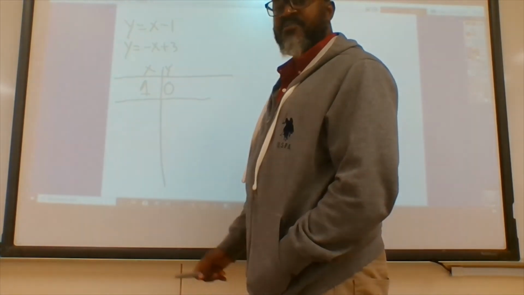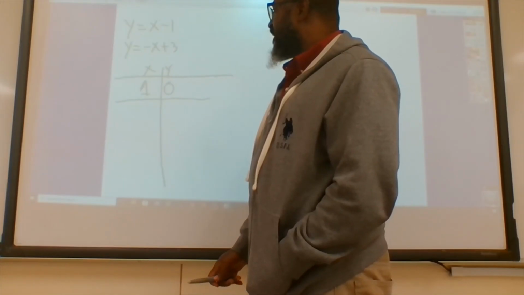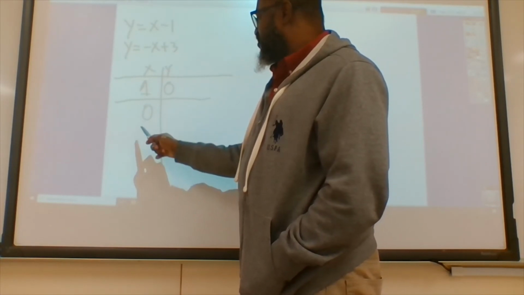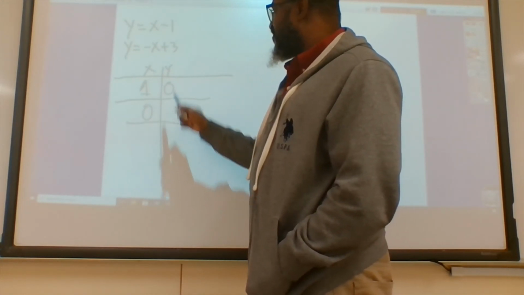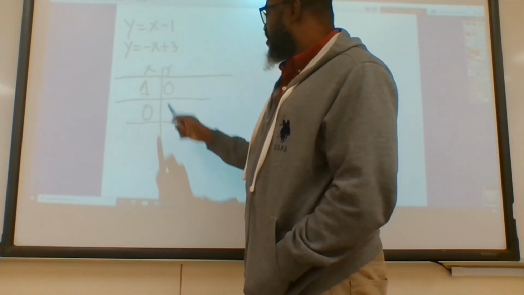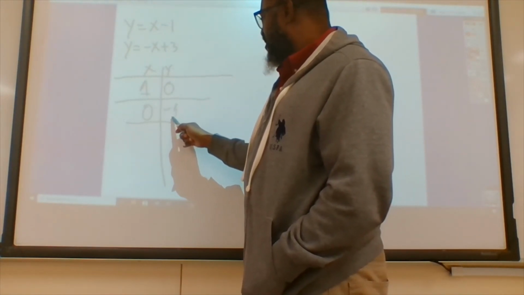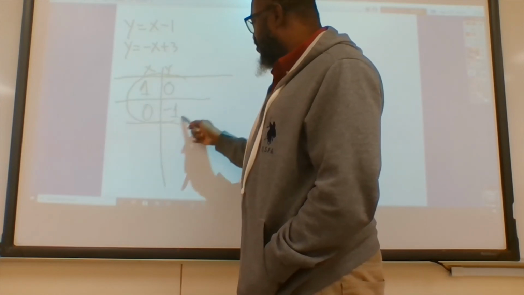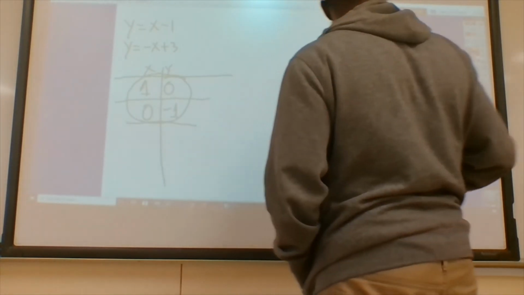So this is my ordered pair (1, 0). Now, when I let x equal 0, I will solve for y. If I let x equal 0 in this equation, y will be negative 1. These are the two ordered pairs that I will have to plot for this one.